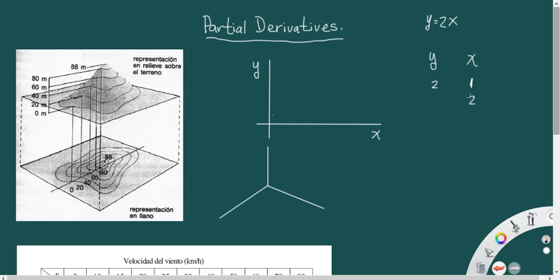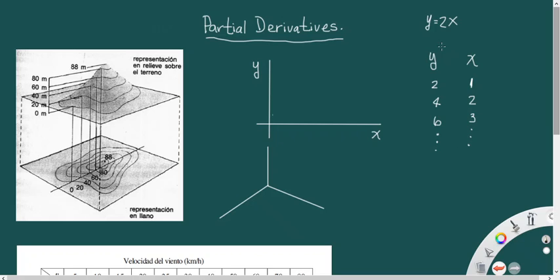When x is equal to 2, y is equal to 4. When x is equal to 3, then y is equal to 6, and so on.